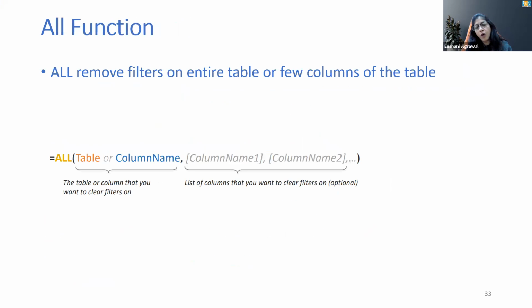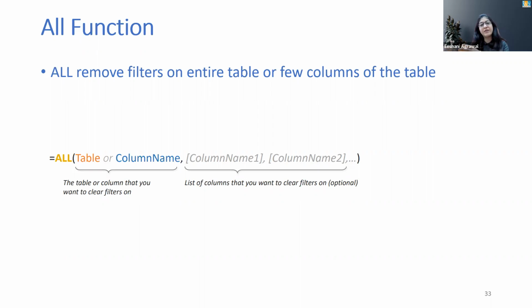Now, what does ALL do for us? There are some functions which return a scalar value, a single value, and there are some functions which return a table. Typically, functions which return a table or a column, we do not use as they are, because our intention is not to create more data.